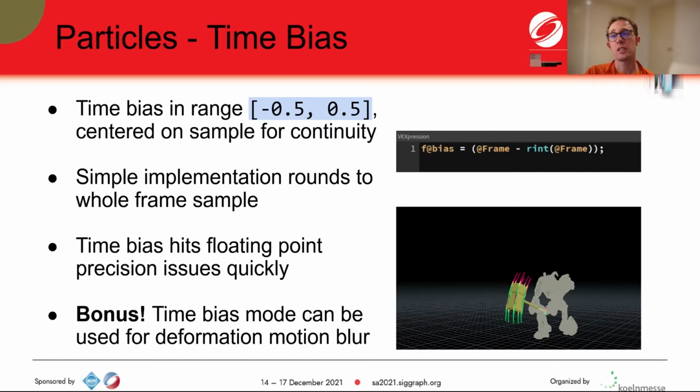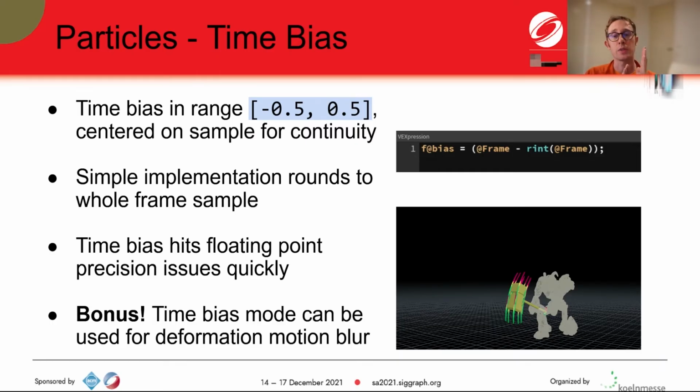Time bias does hit floating point precision issues reasonably quickly, especially at that 0.5 bias, and that's because our int frame will round to the nearest frame differently than $f will.